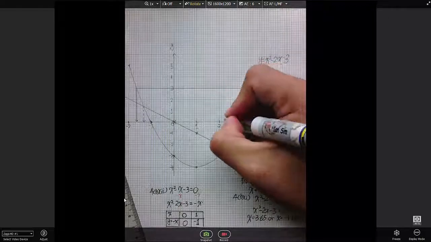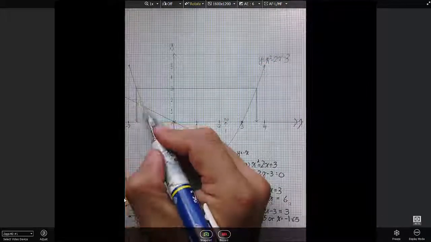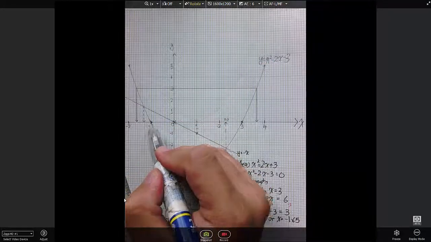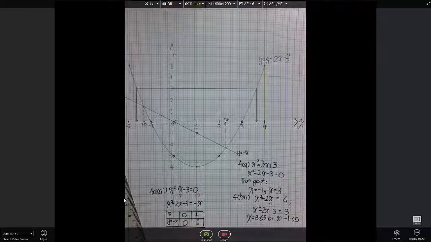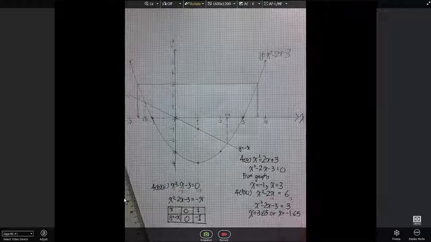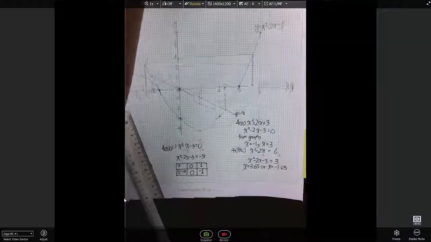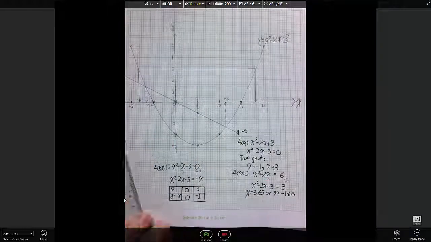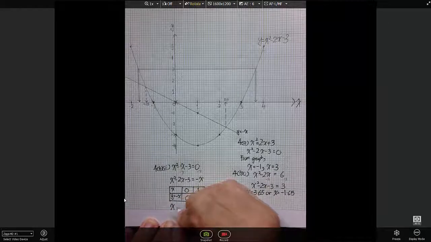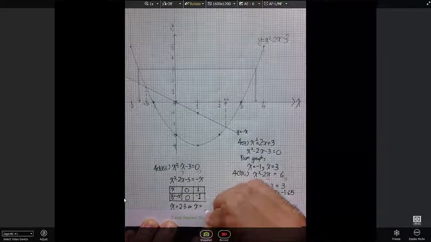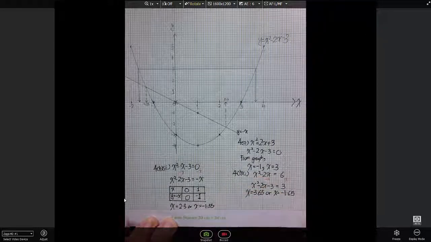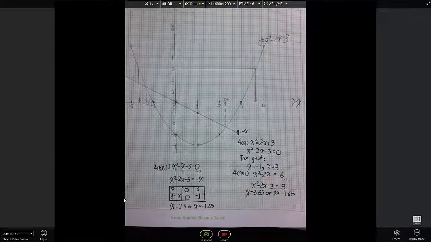I can label it 2.3. Here where they intersect is negative 1.35. So what I will actually get in this case is that my x value is equal to 2.3, or my x value is equal to negative 1.35. And I've solved question 4b part 2.